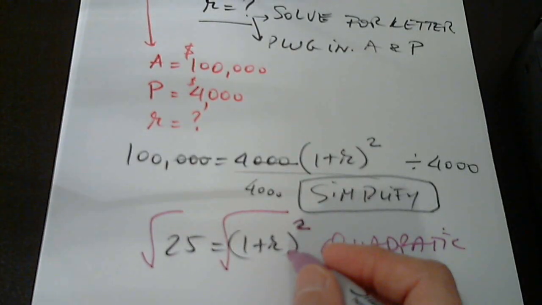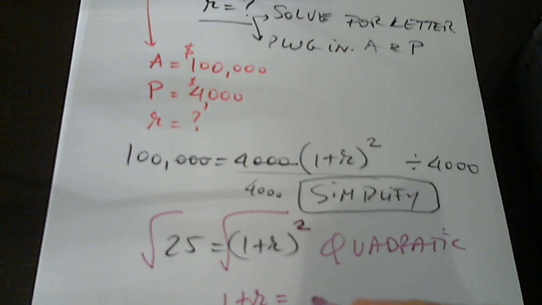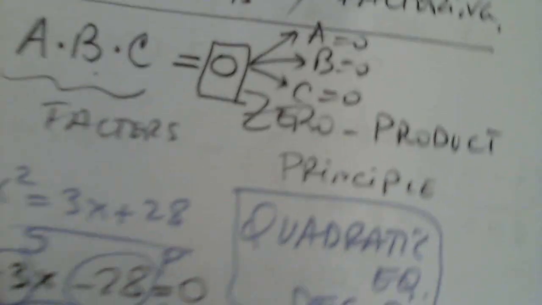So when I take the square root from the right-hand side, I have 1 plus R. But we just reviewed this a few minutes ago. What do I have to write on the other side? Mandatory, always and forever. What? Okay, let's go back.